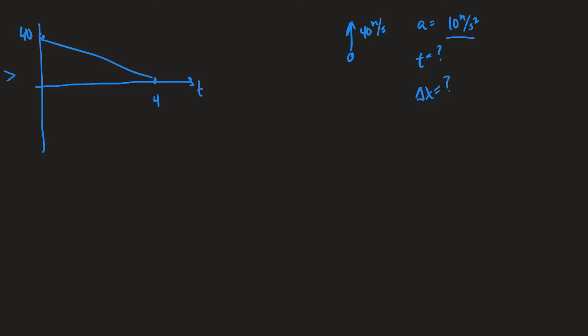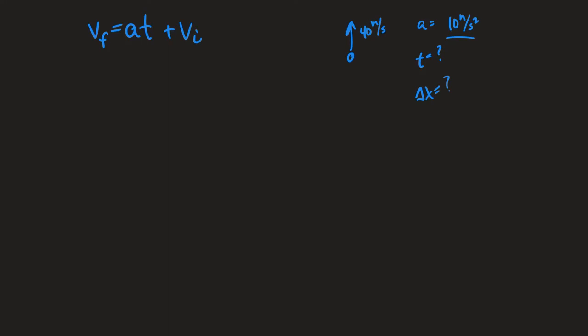But I want you to see this differently today, okay? So I'm going to just not look at the graph at all. I want to look at what we know about this problem. First, we know from our studies a moment ago that these things tell us everything about the motion of the object.